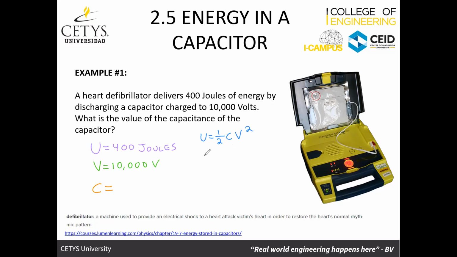If we bring out the capacitance, we have that the capacitance is equal to 2 times U divided by the voltage squared. So with the values we have, we can find the value of the capacitance.